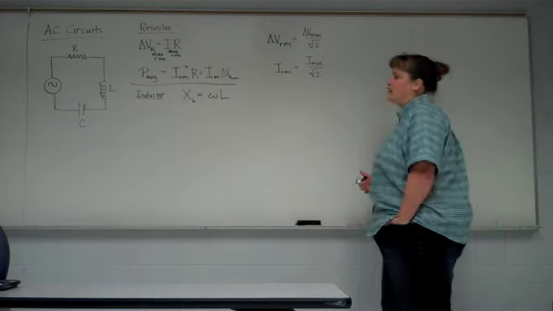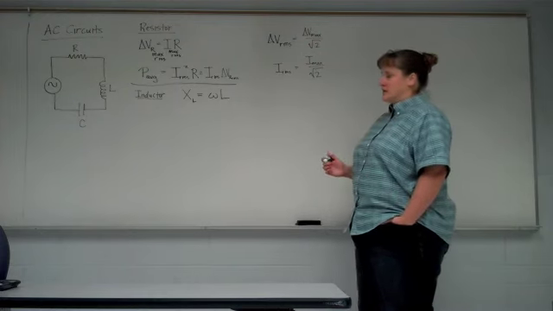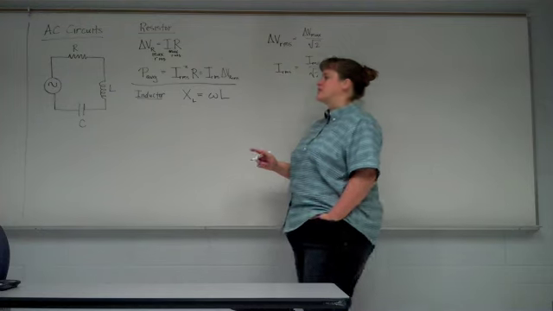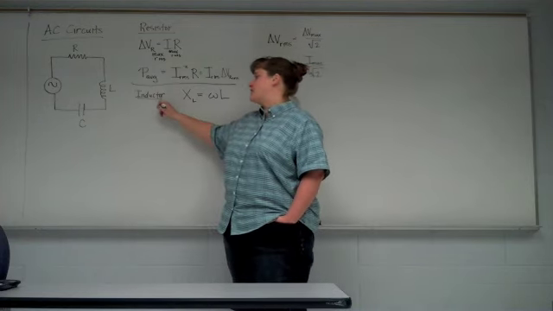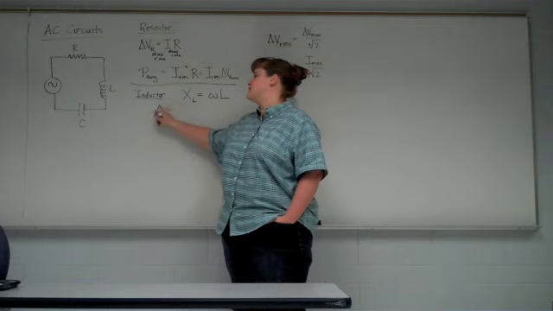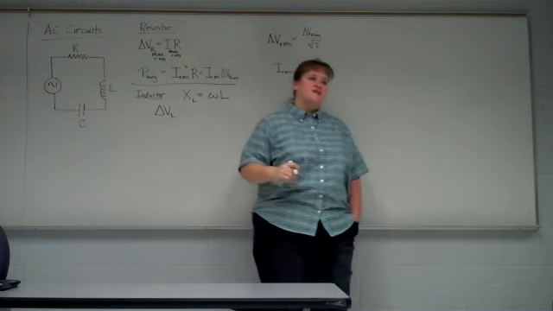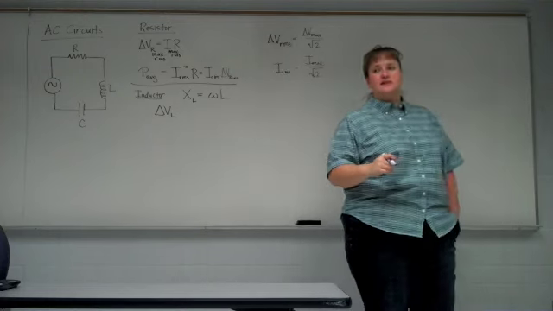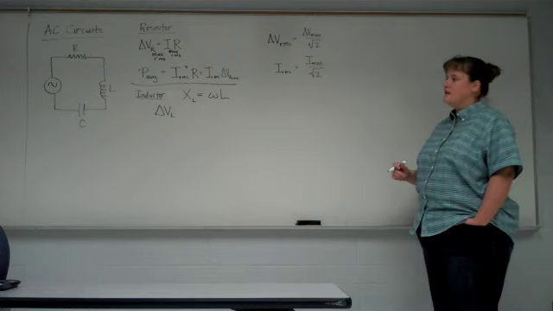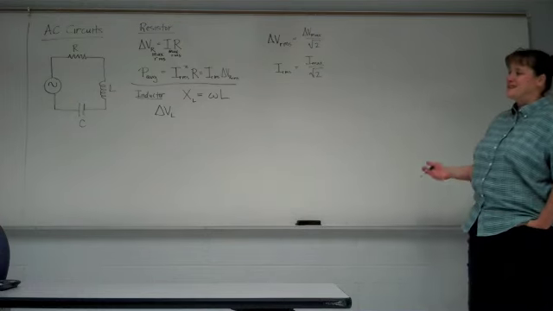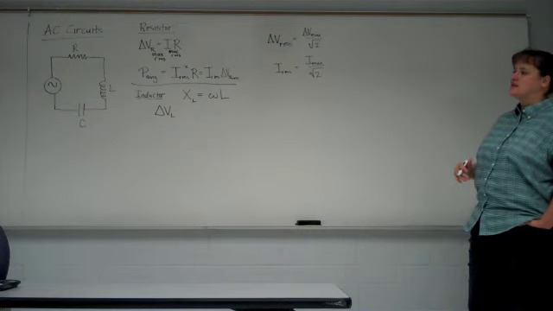Now it turns out the voltage drop across the inductor and the actual current in the circuit are not in phase with each other. The voltage and the current are 90 degrees out of phase. The voltage actually leads the current by 90 degrees.